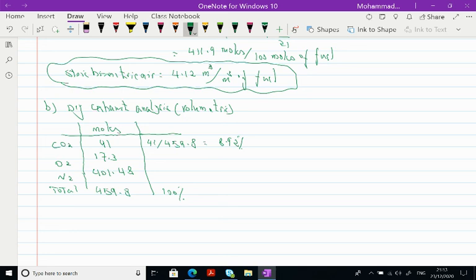The same way for oxygen it is going to be 3.76%, and for nitrogen it is going to be 87.32%. So this is based on percentage. So this is the dry exhaust analysis.